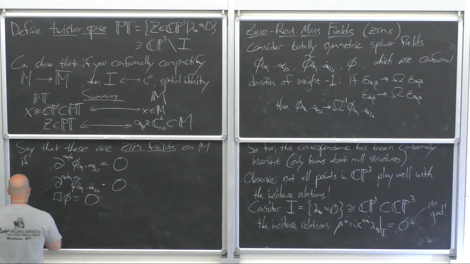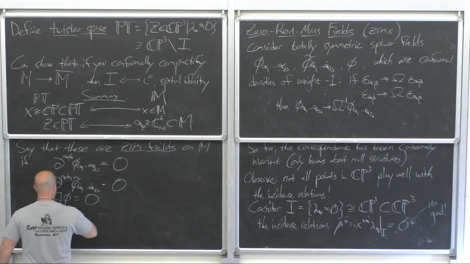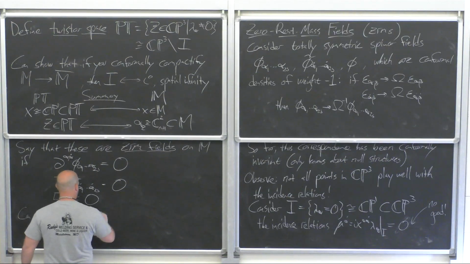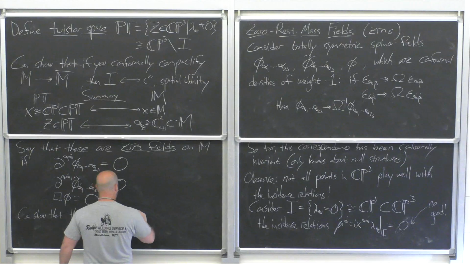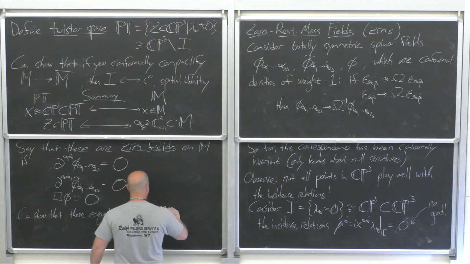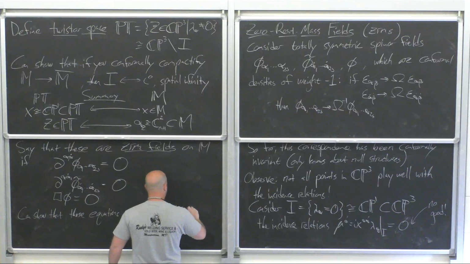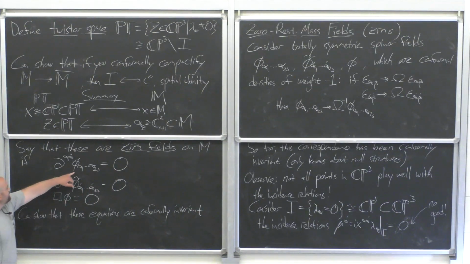And just as an aside, you can show that these zero rest mass equations are conformally invariant. So what do I mean by this? Let's take the negative helicity example with all undotted spinor indices.